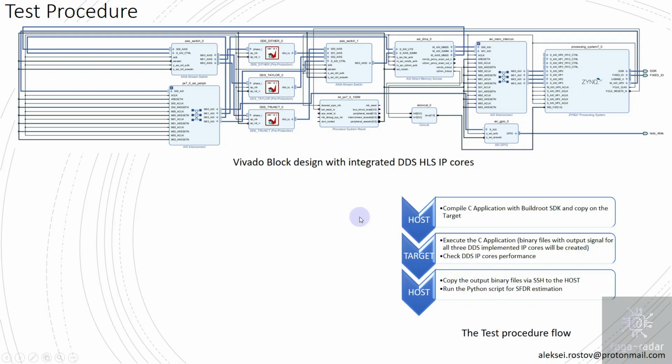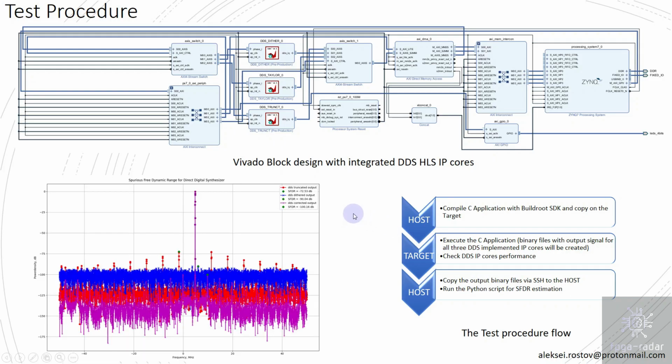So this is a spurious free dynamic range estimation for one of the tests that I conducted before. What can be seen from this plot? The DDS truncated output has this regularity with the spurs related to phase truncation, and therefore it provides a spurious free dynamic range equal to -72 dB.